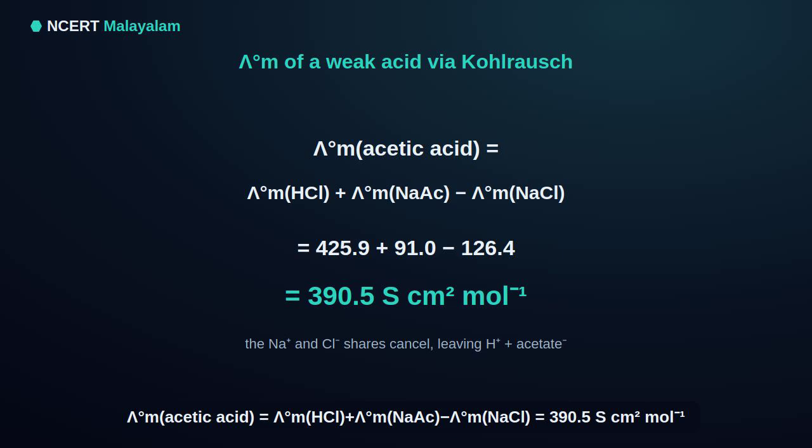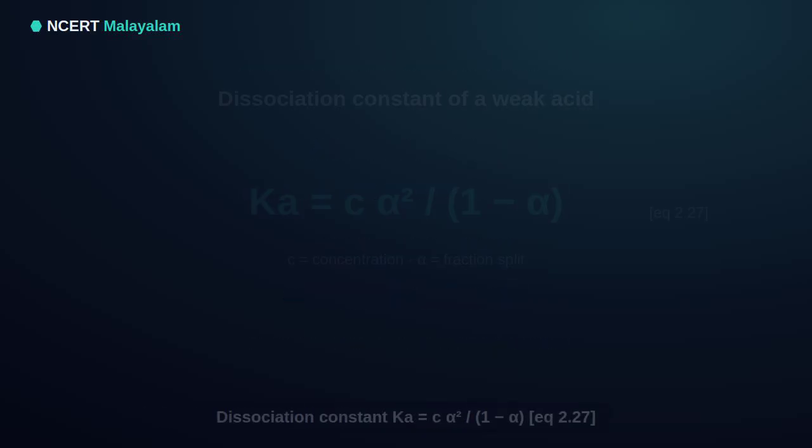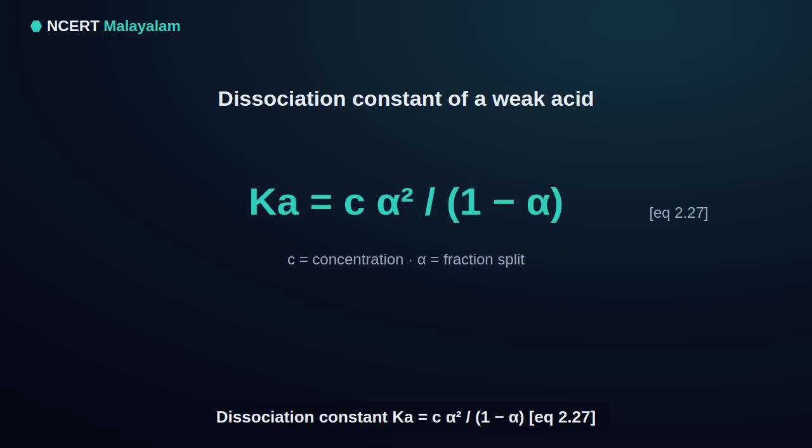When we add these, the unwanted ions cancel, leaving only acetic acid's ions. That is 425.9 plus 91 minus 126.4, which is 390.5. The number that measures how easily a weak acid splits is the dissociation constant, with symbol K. We can find it from alpha and the concentration: K equals the concentration times alpha squared divided by 1 minus alpha.